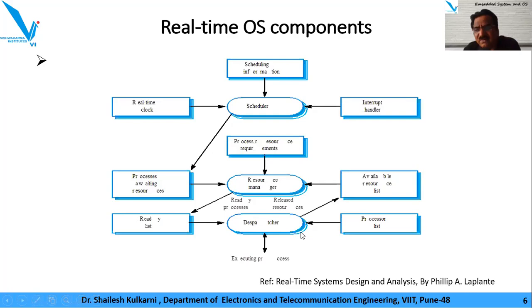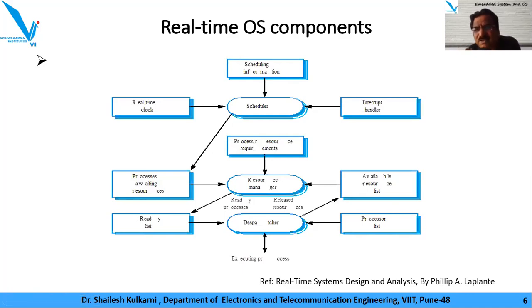Okay, and then for this dispatcher, if my system happens to have different cores of the processor, then the processor listing can also be given to this dispatcher. In a nutshell, the scheduler, the process resource or resource manager, and the dispatcher happen to be the three basic components.